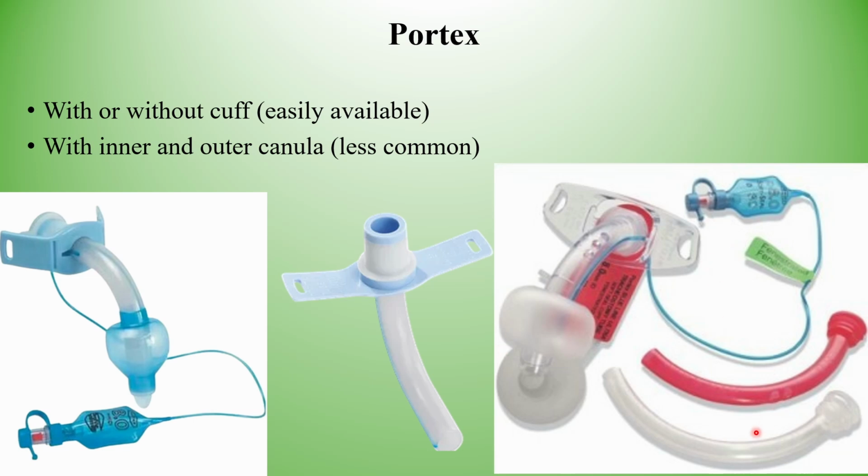The two tubes are there because when the patient is on a ventilator, you cannot put a fenestrated tube, because air will leak and ventilation will not be maintained. So of these two tubes, the red one contains the fenestration.